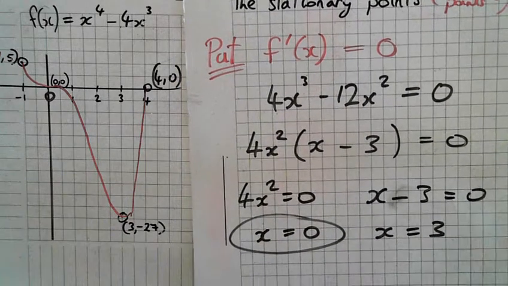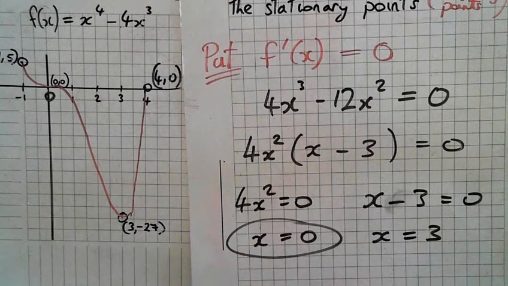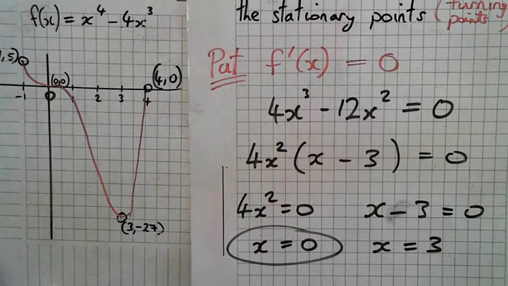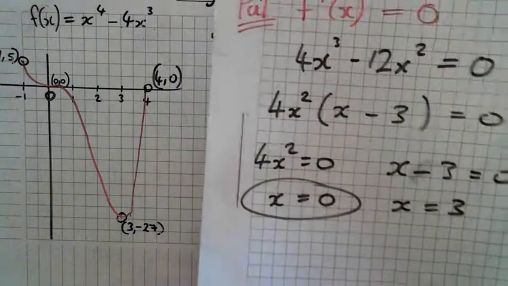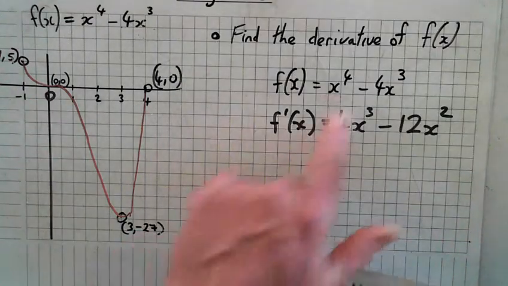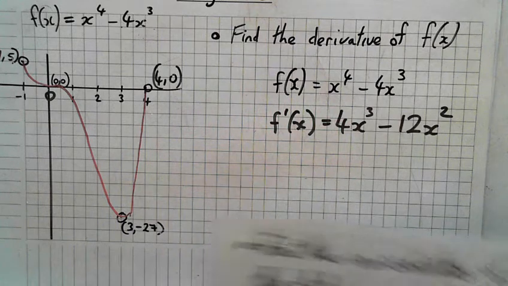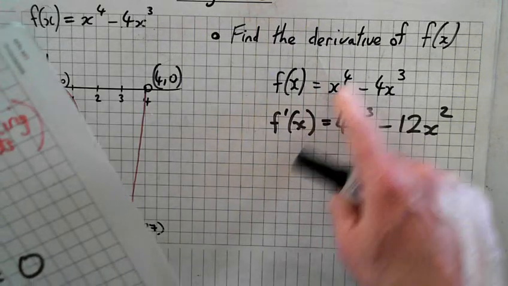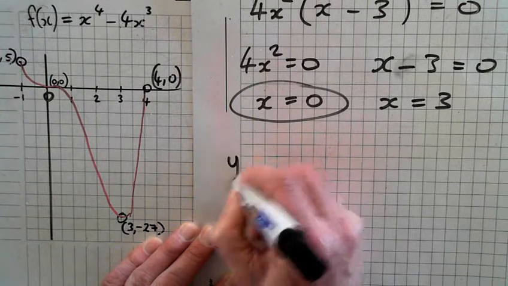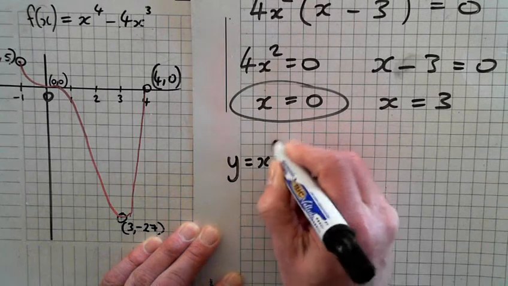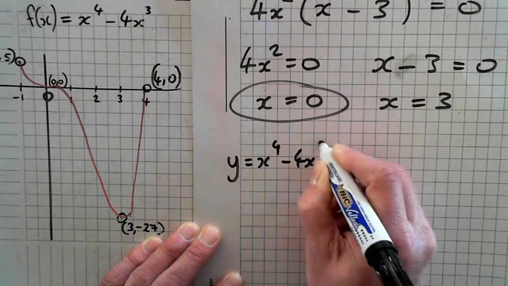So from there, how do you get your y values? You sub it into your original equation. Both of them. So here's your original equation. So y is equal to x to the power 4 minus 4x cubed.